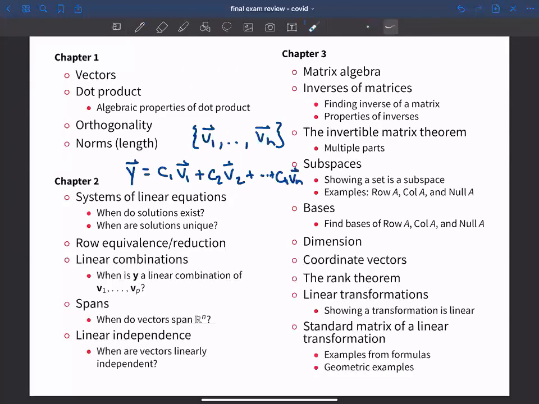And what the coordinate vector is, you take these weights and you put them as a vector. We call the vector that you build using these weights the coordinate vector of y. So we use this notation with respect to the basis. Is that okay?